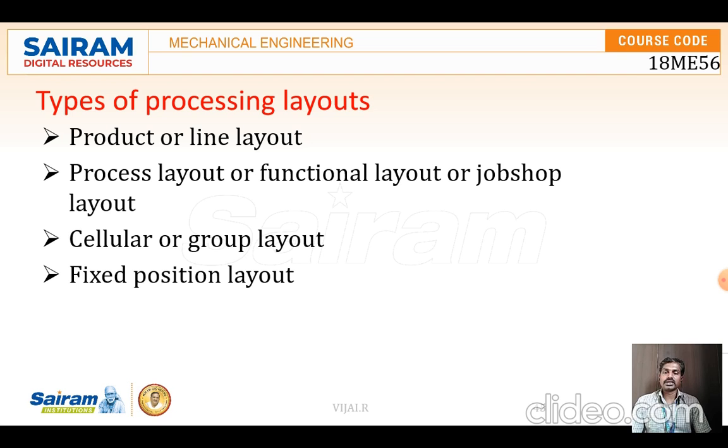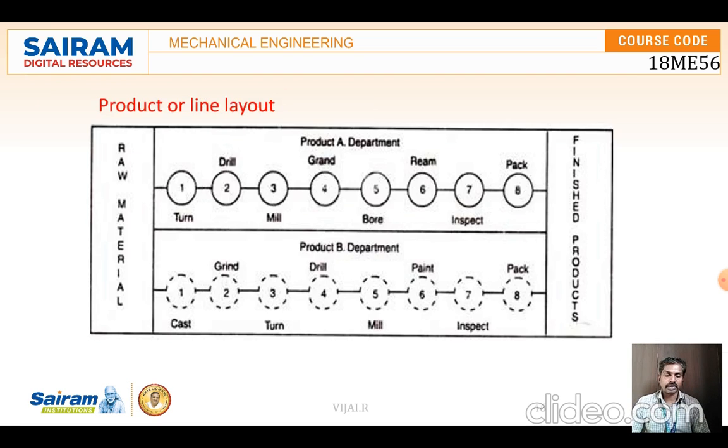Another example is sugar. The raw material for sugar is sugar cane. Sugar cane is the input raw material, and it goes through further processes continuously. The final output is sugar. These two we call a line layout or product layout.